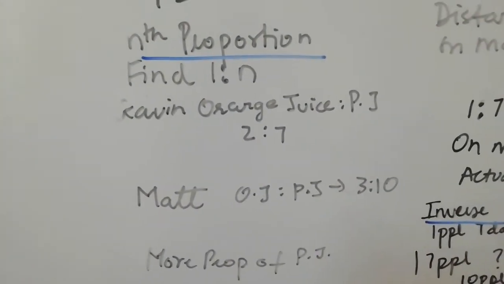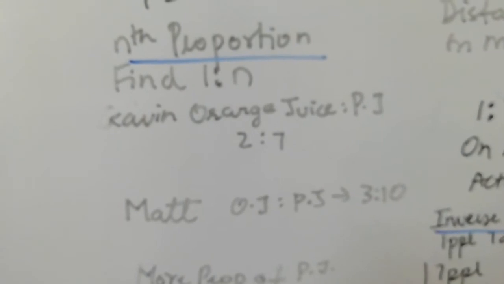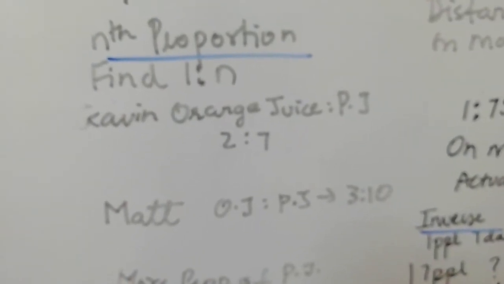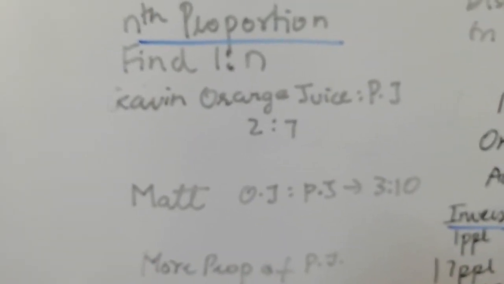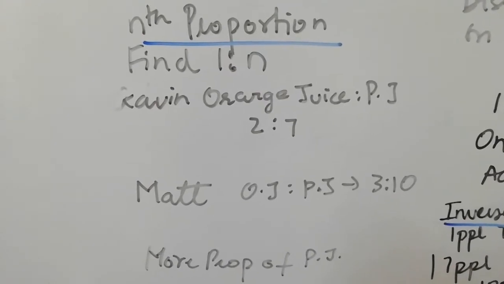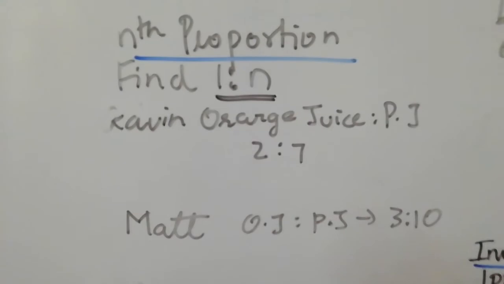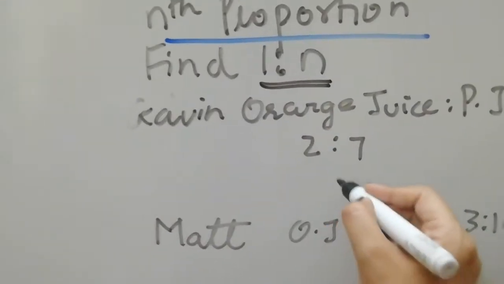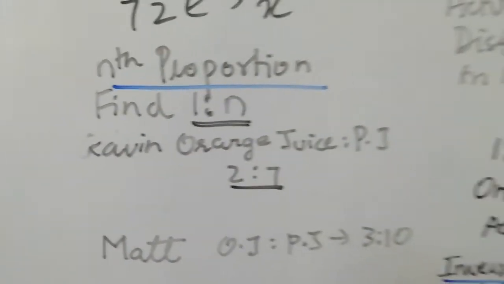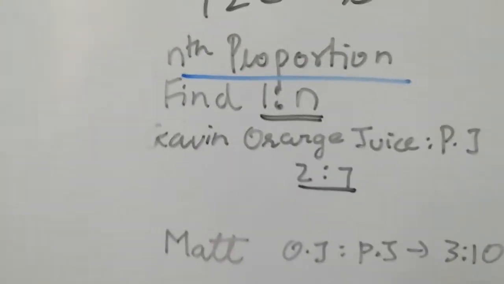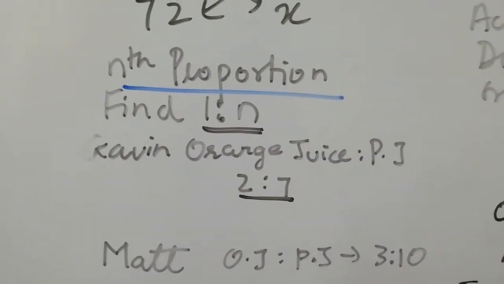Gavin made one juice in the combination of orange is to pineapple. So he made a combination of orange juice is to pineapple juice in the ratio 2 is to 7. I want my answer in the proportion 1 is to n.